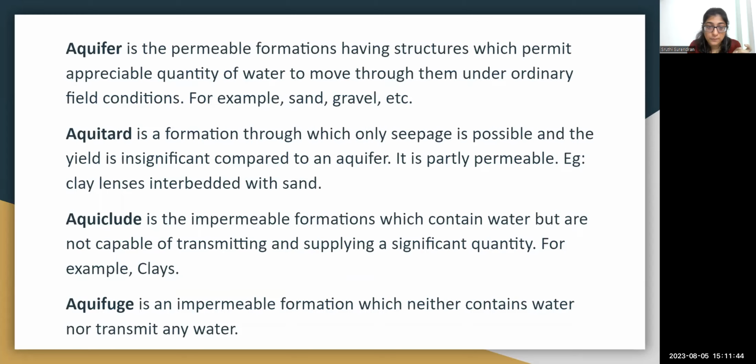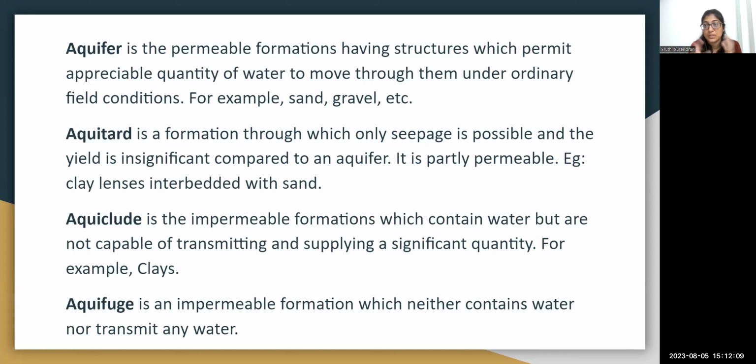There is also a fourth category called aquifuge. An aquifuge cannot store water, neither can it transmit water. It's those rocky things which have no pores in them. It's very compressed, very consolidated, and this kind of formation is incapable of storing water. So these are the major four kinds of geological formations that we're focusing on.